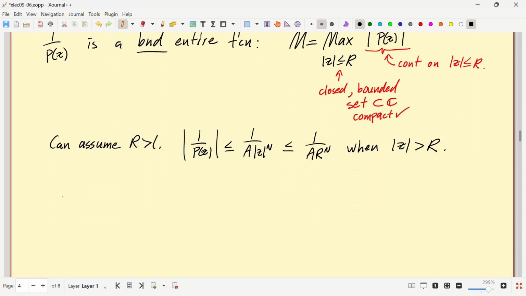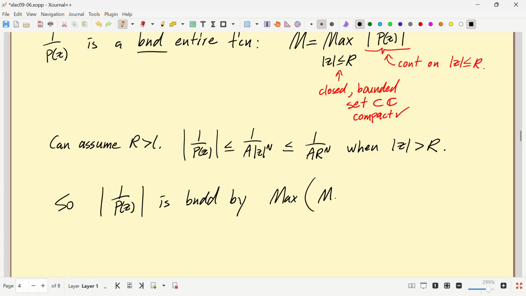So 1 over P of Z is bounded by the max of the one that I just had.